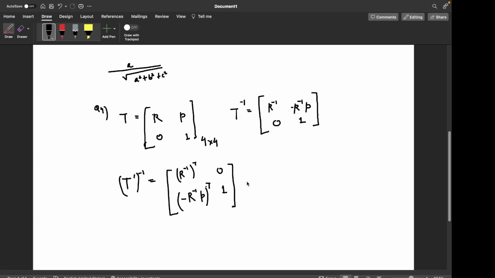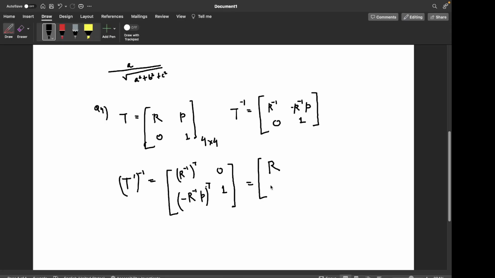So one thing to note here is that the inverse of the rotation matrix is its transpose. So R inverse transpose will be R itself, because R is an orthogonal matrix. Now AB whole transpose is B transpose A transpose.